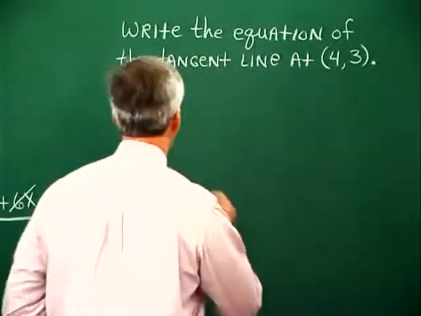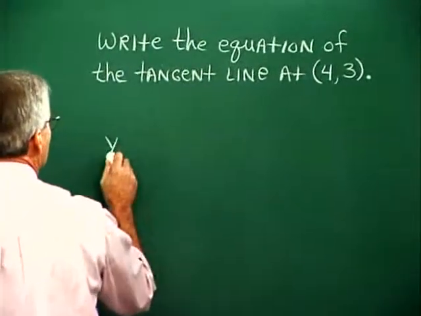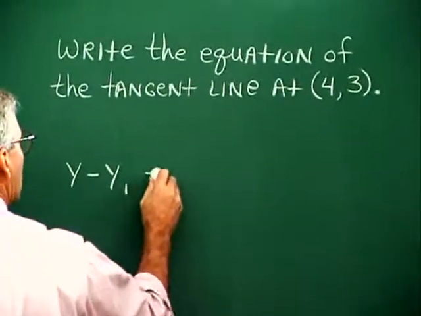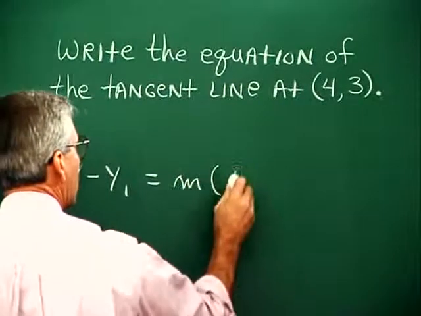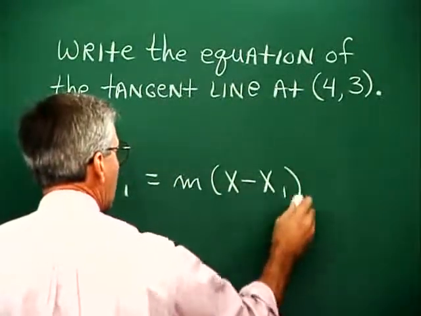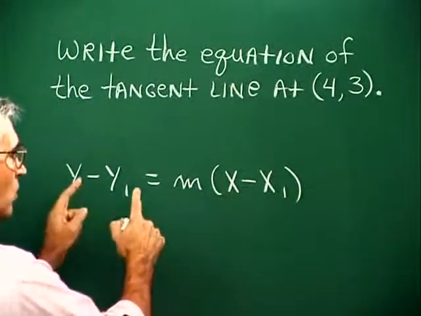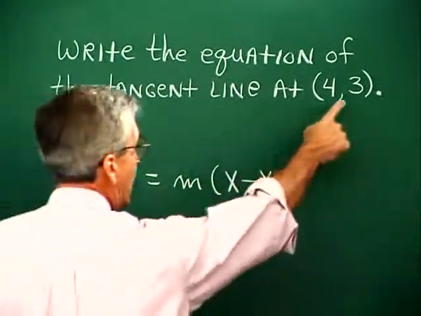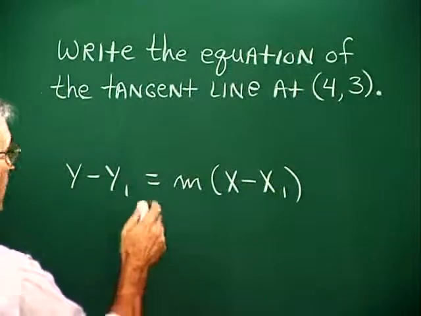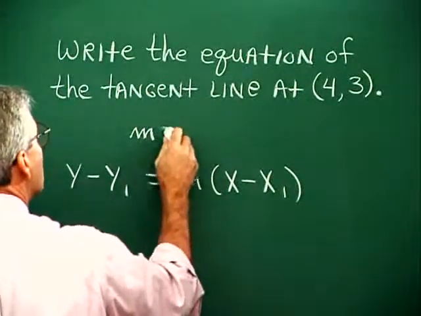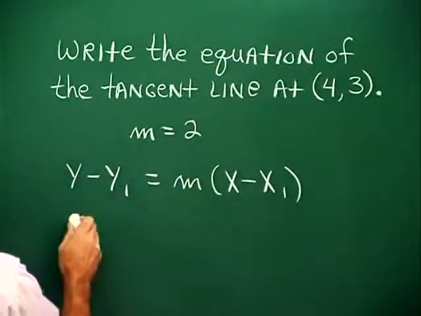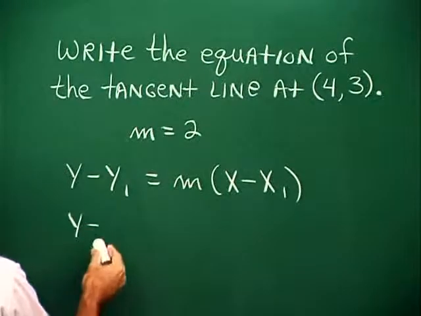And the point-slope form was this. Now all we need to use the point-slope form would be coordinates of a point, which we have here, and the slope. We found the slope a moment ago to be 2. So all we do is pop into this, and it drops out rather quickly.